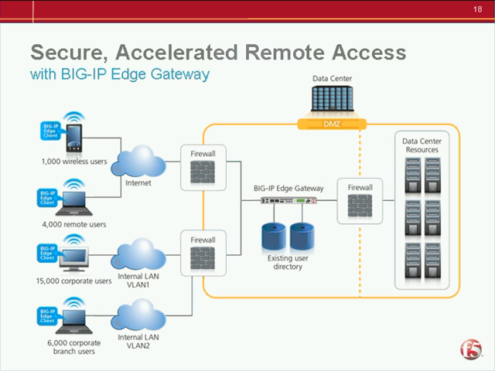There might be a situation where they're downloading a file from one of those data center resources, there are a lot of users on, and that particular server goes down. It can migrate the user seamlessly from one resource to another and continue that file download, and the user won't even notice what's going on.